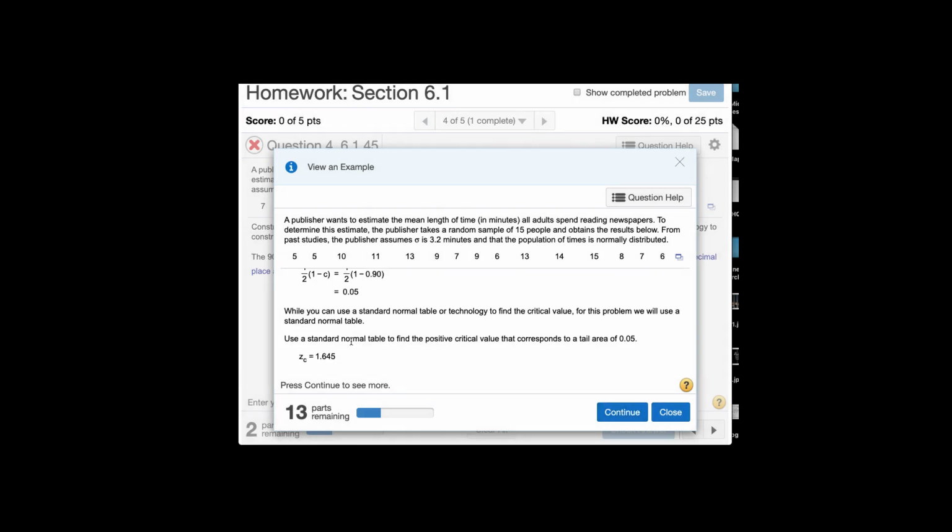So the standard normal table tells us that for the tail area of 0.05 it is 1.645. Is that right? The positive critical value that we can find.